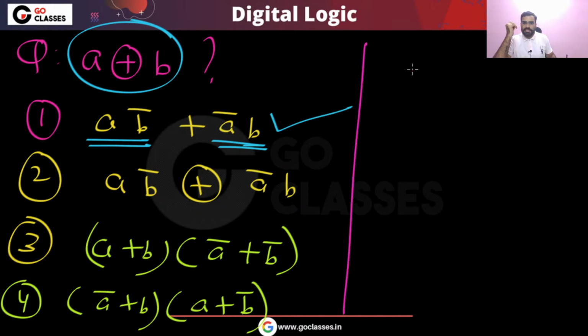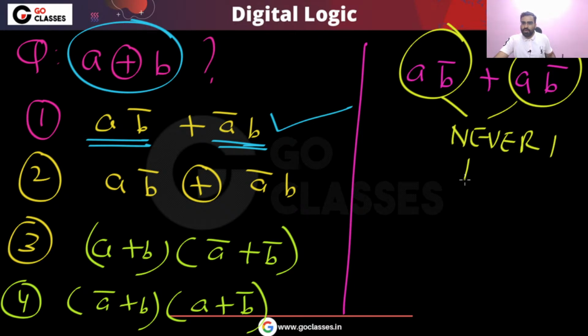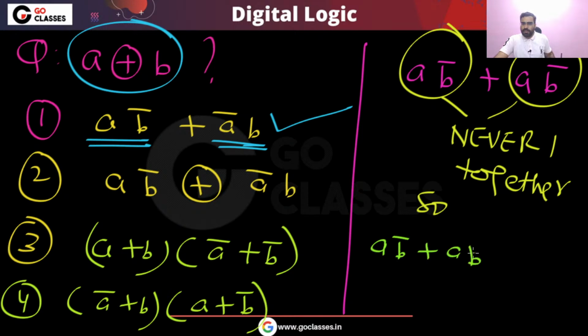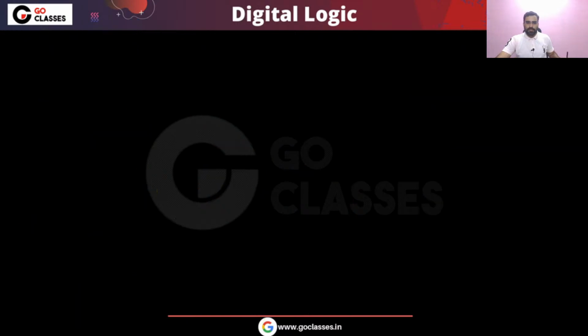So I can say this is the same as A bar B or A B bar, and that is the same as A B bar exclusive or A bar B. So option 2 is also correct, and option 3 is also correct, as we have already seen. Option 4 is not correct. So 1, 2, 3 are correct. Is this clear? This is the complete analysis of this question.